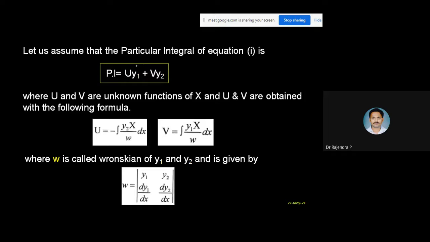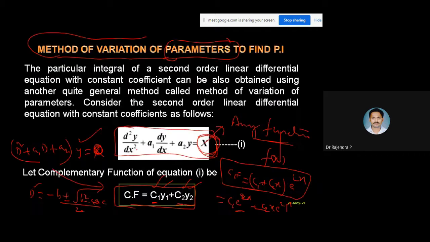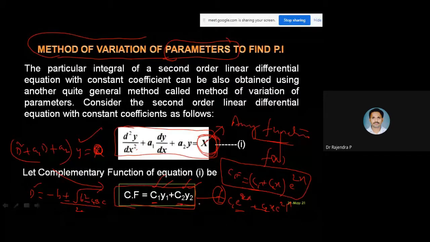In place of C1 and C2, I'm going to take two functions, u and v, unknown functions. I am assuming that this is the solution: particular integral is equal to u y1 plus v y2. From where did I get this equation? From the complementary function itself. In the complementary function, what is there? C1 y1 plus C2 y2, where C1 and C2 are arbitrary constants.